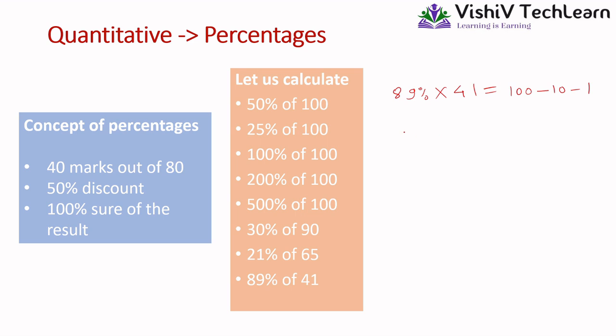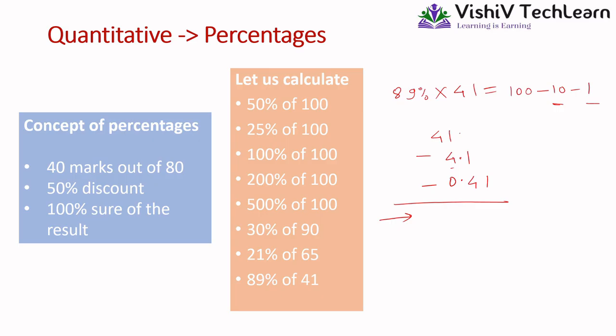So 100% of 41 will be the 41 figure itself, minus 10% of 41 will be 4.1, minus 1% of 41 will be 0.41. Correct?